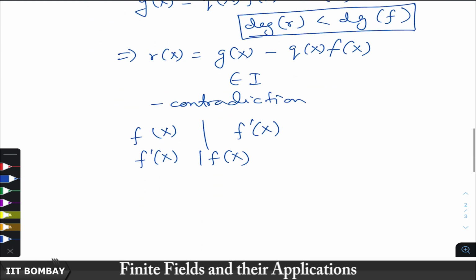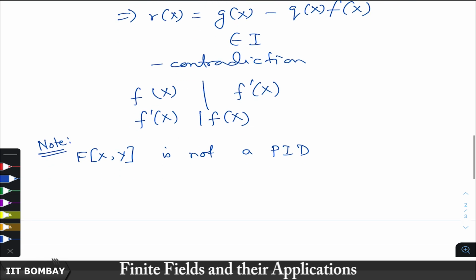Now, in contrast to this, if you take the multivariate polynomial ring F[x,y], this is not a PID. Why? You can take a specific ideal and show that there is no generator for that ideal. In particular, take the ideal generated by x and y.